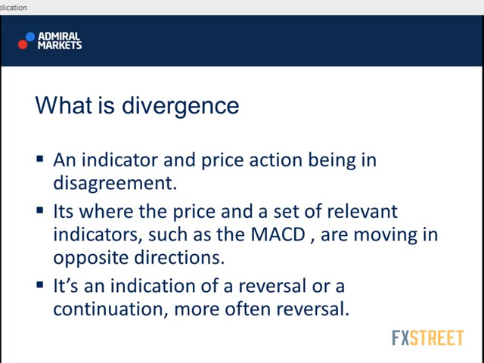So price action is going up and the indicator is going down. Usually that is the disagreement between price action and indicator. And when we spot that on our chart, we are sure that a divergence is going to happen. We usually use MACD for divergence.